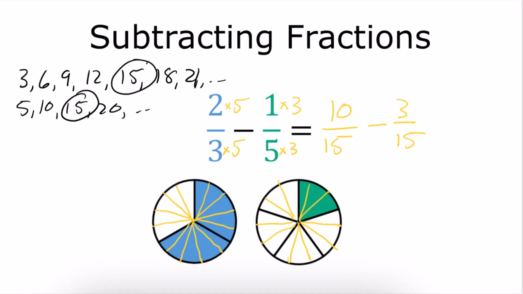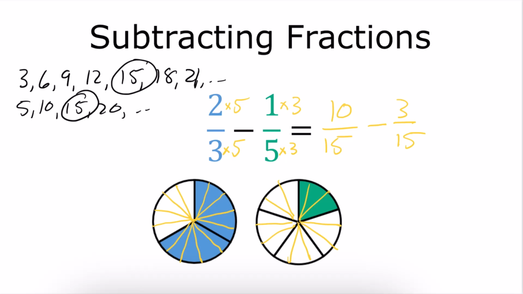Now, at this point, both of the fractions have the same size of pieces. And the blue pieces and the green pieces are now the same size. So to subtract them, I'm just going to show kind of like a correlation, almost like thinking about these as negatives that cancel out the positives. You wouldn't explain it to your students in that way because they don't know about negative numbers yet.